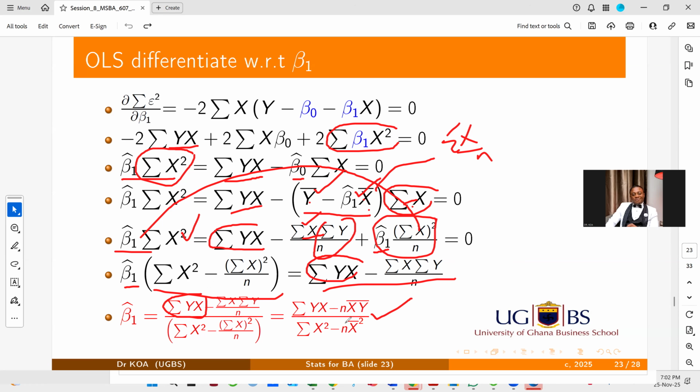This value is the actual value for beta 1. It tells you how much the y changes when all the x's have changed. Congratulations. You just derived the OLS beta 1 mathematically. And you should learn how to derive both of them.